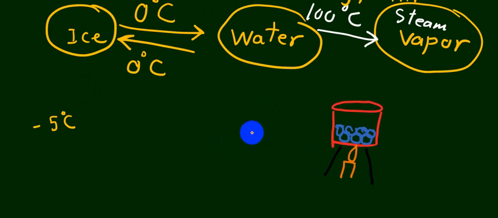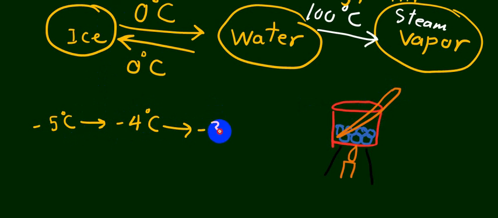The temperature starts to increase, and you measure the temperature using the thermometer. After a certain time, the temperature will be -4, -3, -2, -1, 0.